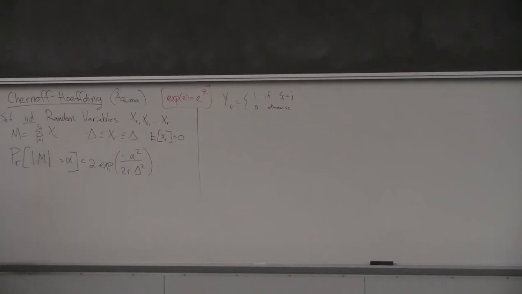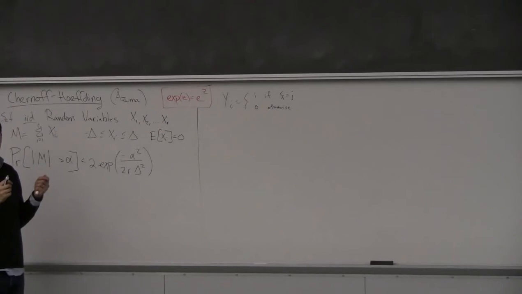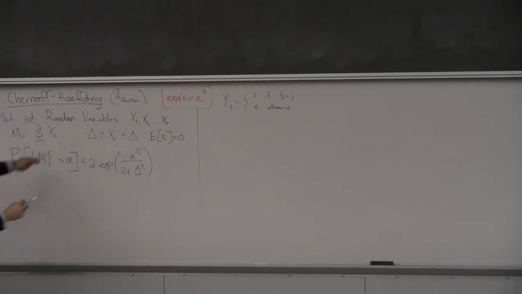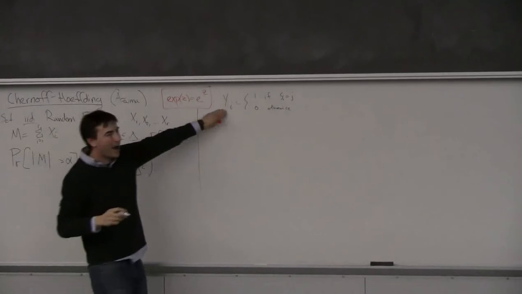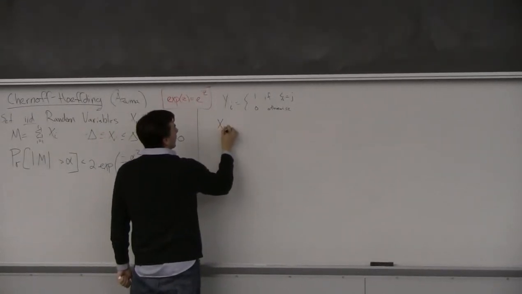So what do I know about this random variable? Its expected value is going to be 1 over n, and I know it's between 1 and 0. That's not quite the properties I have here, so I need to transform this random variable. That's why I use y, so now we can use x as the proper thing.